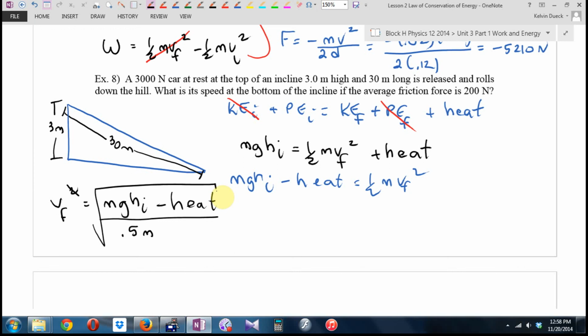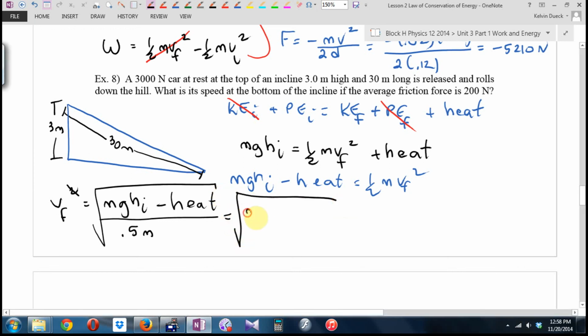What was that, Trev? Oh, are you saying that heat is the work done by friction? Yeah. Where work is what times what? Oh, so are you saying that this is going to be mgh initial minus friction times distance divided by 0.5 m?